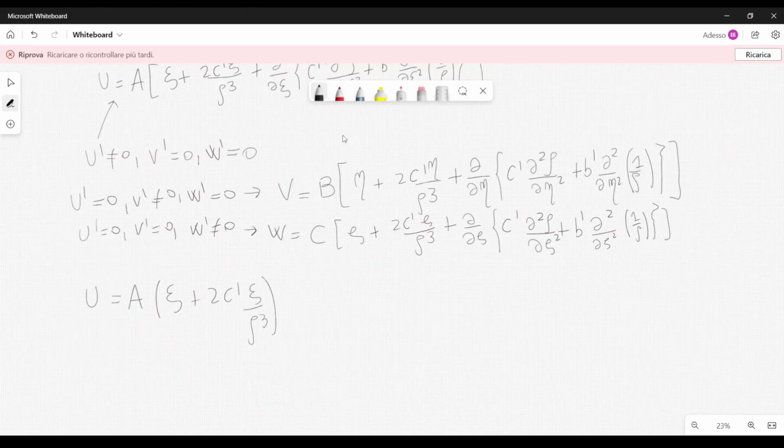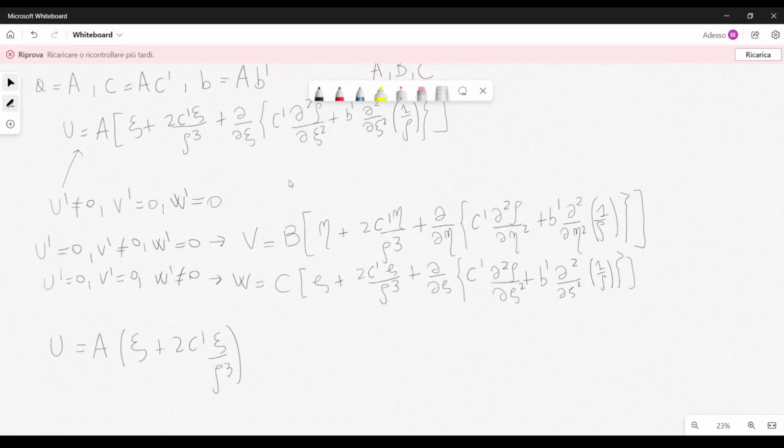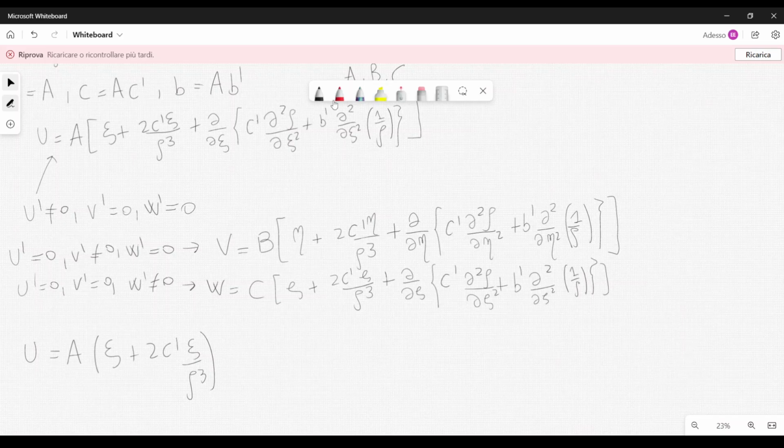It stays the same. Let me highlight it above. It's here. This part stays the same. Then we have the content of these curly brackets, this one, and this one, which are going to be summed.